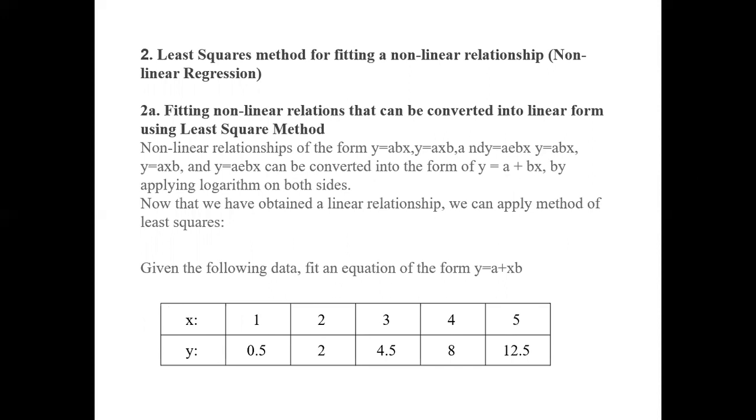The form is y is equal to a b raised to x, or y is equal to a x raised to b. This can be converted into the form of y is equal to a plus bx.